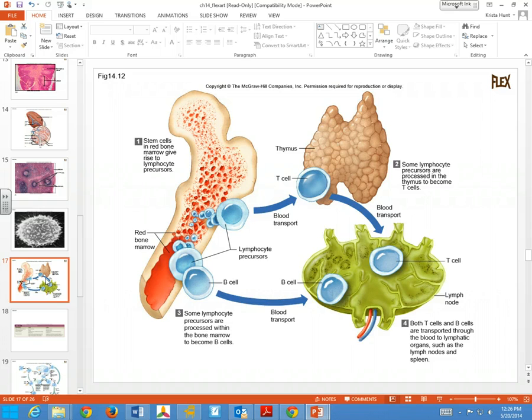And they are then sent through the body. Their goal is to sense an invader, to sense something that's not supposed to be there, and attack it. And defeat it. Now, they're very specialized, right?